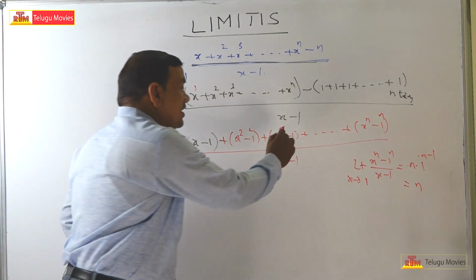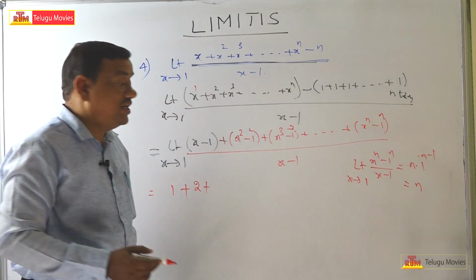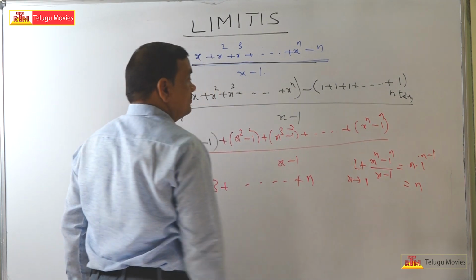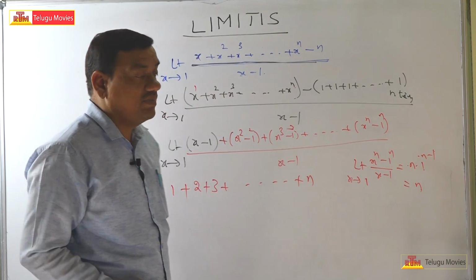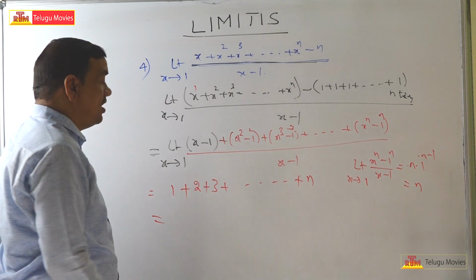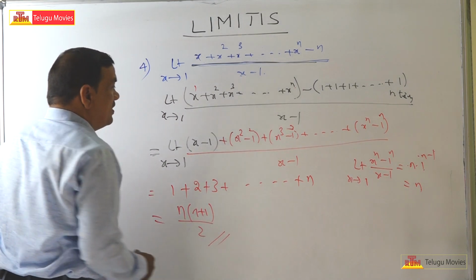Here you can write 3, 3 into 1 to the power of 3 minus 1, that is 3, plus so on, last term is n. So, this is nothing but the sum of the first n natural numbers, nothing but n into n plus 1 by 2. This is your final answer.